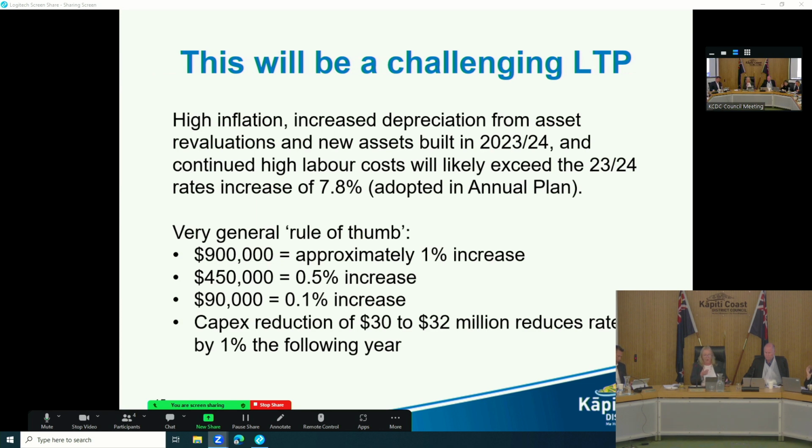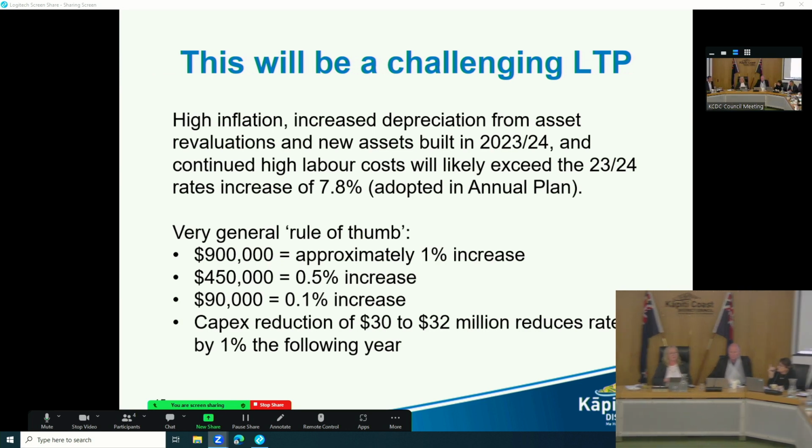adding money to budgets. As you all know, we strike our rates based on how much money we need to operate the organisation. That's operating expenses, including interest and depreciation.